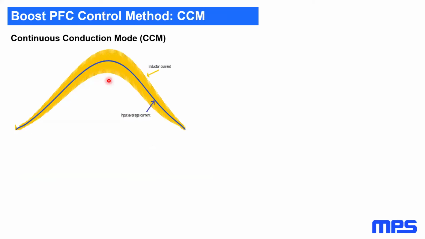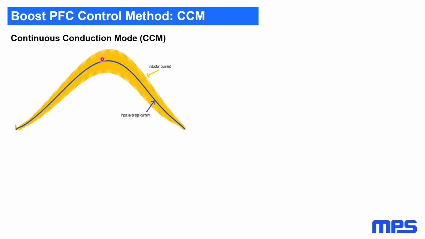So for higher power, another method consists in running in CCM, continuous conduction mode. In that case, you see the average current in blue, which is trying to be a sinusoid following the input voltage. And the actual inductor current this time doesn't go down to 0. Instead, there is some delta I around that average input current that we can control.